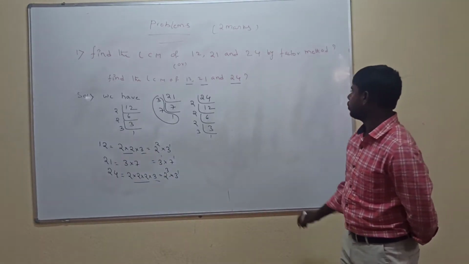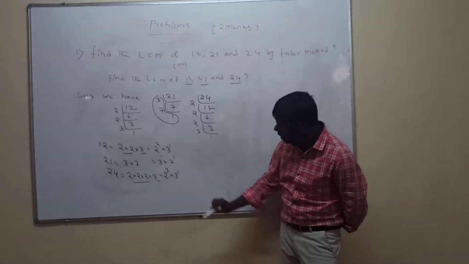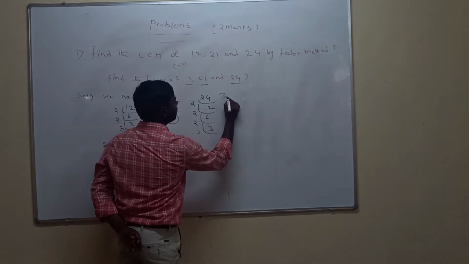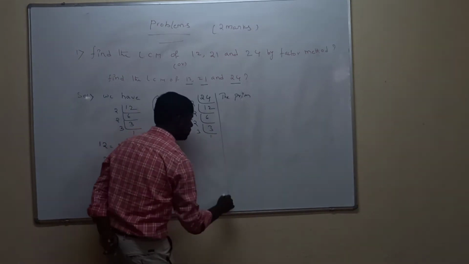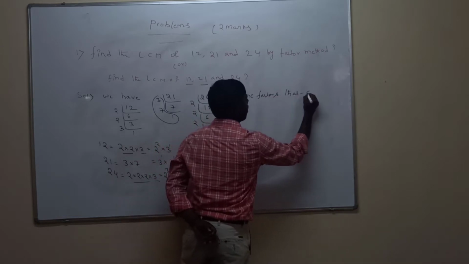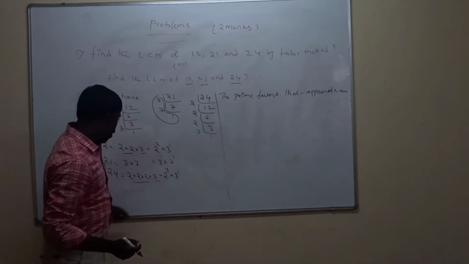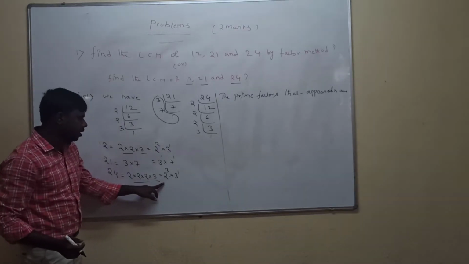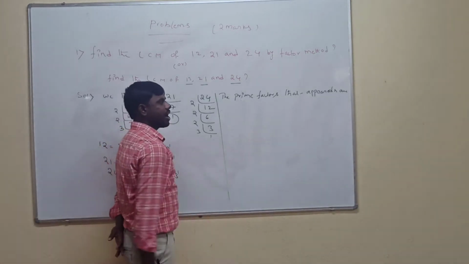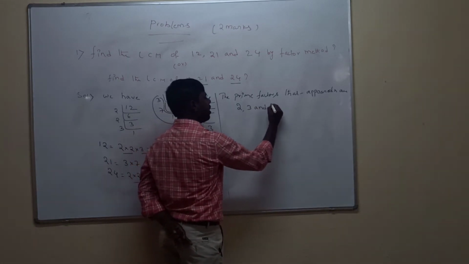Then the LCM is equal to the following. First, which prime factors appear here? 2 is appeared, 3 is appeared, 7 is appeared.